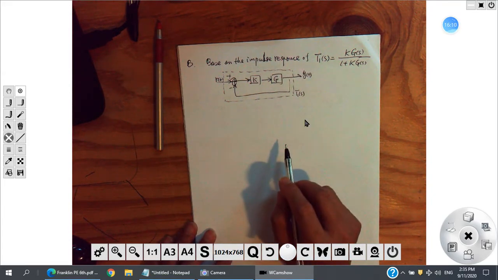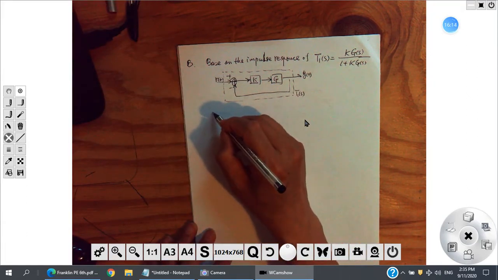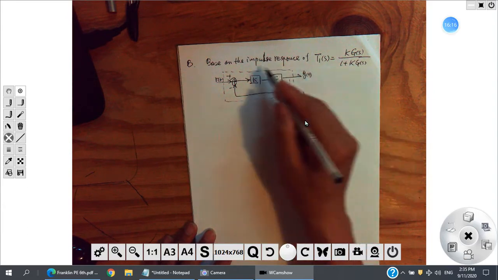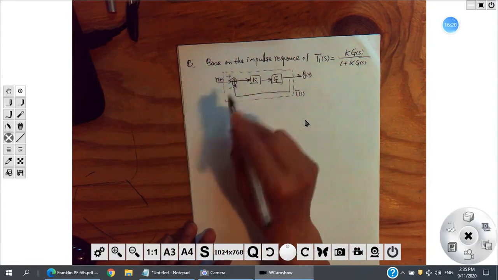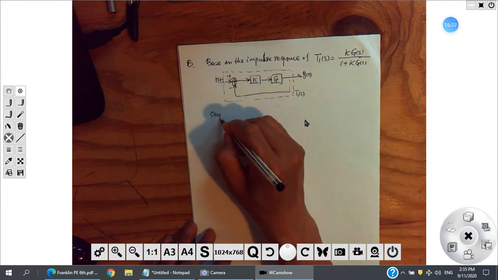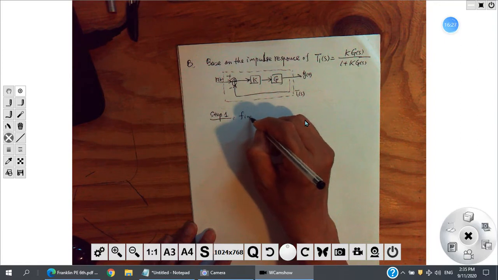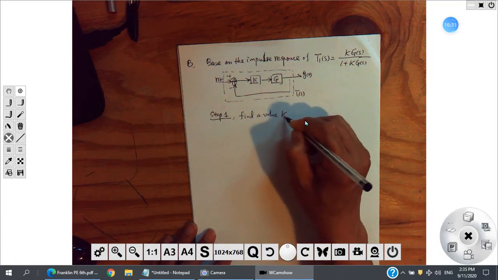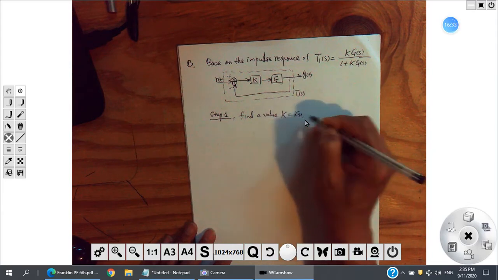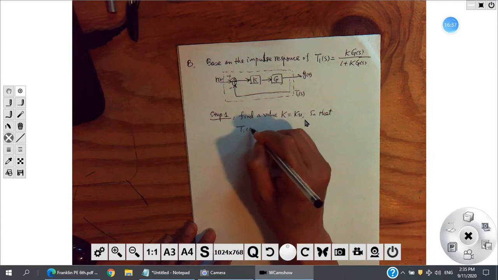For different K, the graph of the impulse response might be different. So we need two steps for this method. Step 1: find a value K equal to some Ku, so that T1 of s is marginally stable.